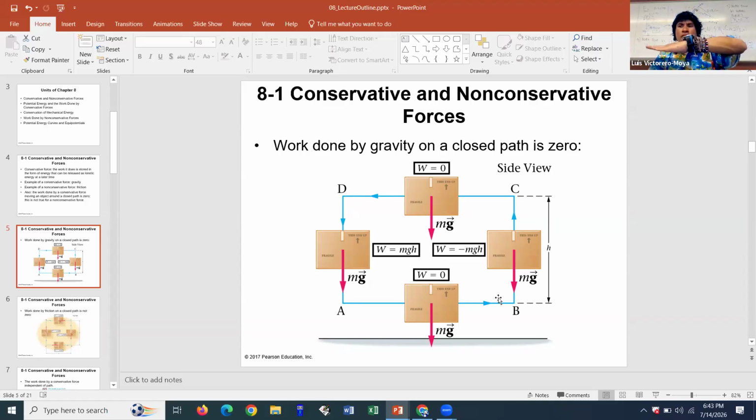So if you're above the reference line, your potential energy is positive. If you are below, your potential energy is negative. And that comes with the math, right? If you have done integrals, it has to do with the limits from 0 to y or from y to 0. That's mathematically. Physically, it's just that if you're above, it's positive, if you're below, it's negative. It's just the convention.